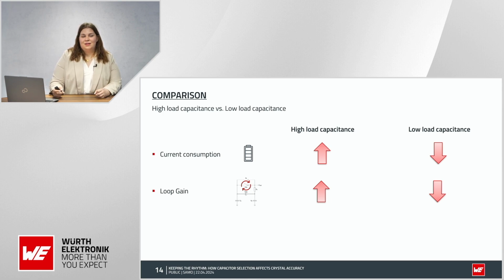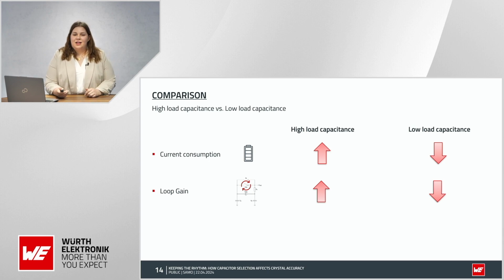So for example, if you have a problem with your crystal starting, so it's not oscillating, you would need a higher loop gain, and you can achieve that with another microcontroller, or you can achieve that by lowering the load capacitance. But be careful, if you use the same crystal and just lower the load capacitance, you will change the frequency.